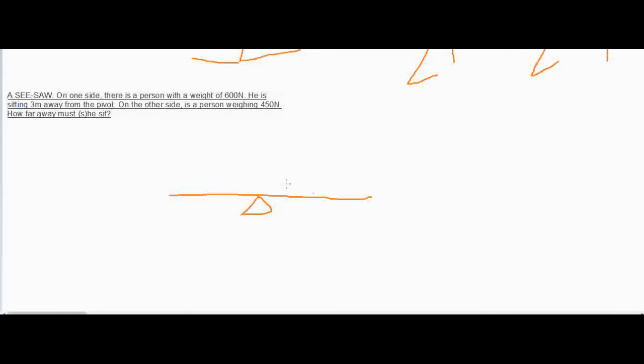Now what you need to understand is that you can take moments about any point. So if we have person A over here that weighs 600 newtons, if we wanted to, we could actually take moments from person A. But the reason why we won't do that is because we were given the distance from the pivot here.